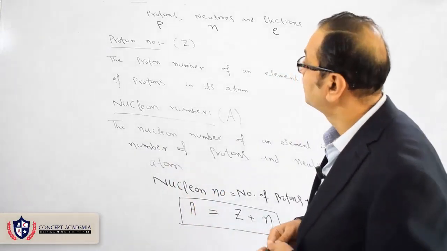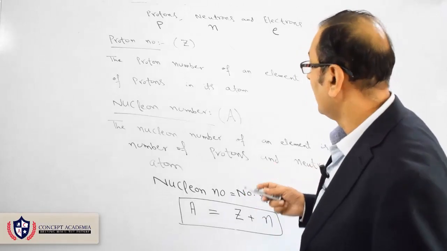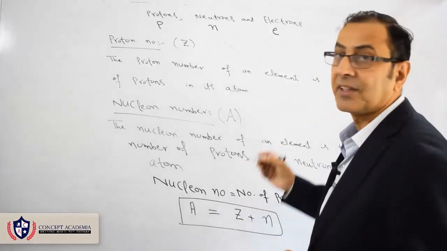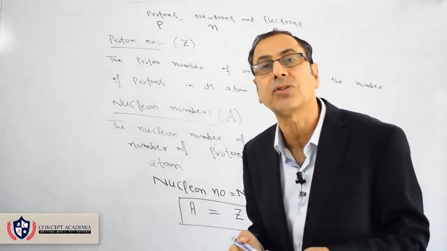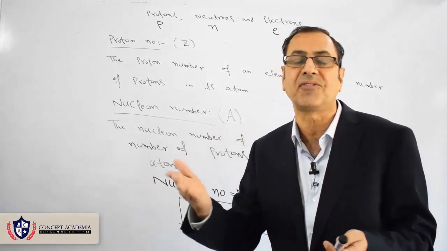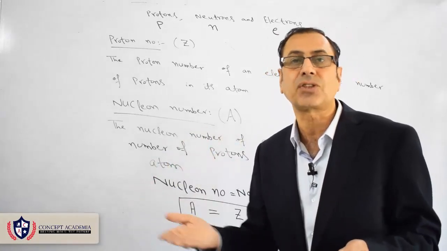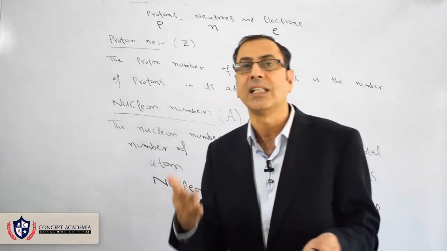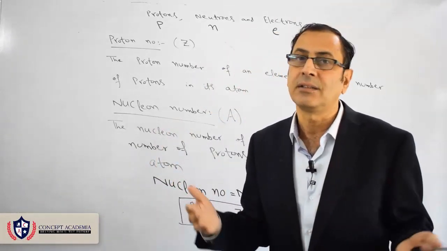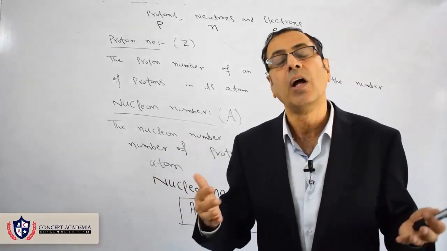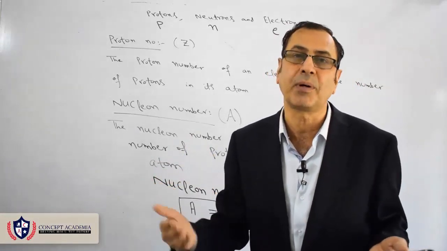And if carbon has 6 protons and 6 electrons, the positive charge on protons cancels the effect of the charge on electrons, because there are 6 protons in carbon and 6 electrons in carbon, and they cancel the effect of each other, and as a whole carbon is a neutral particle.